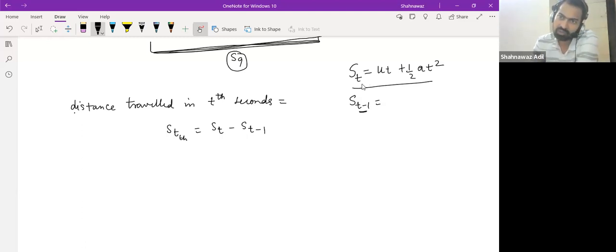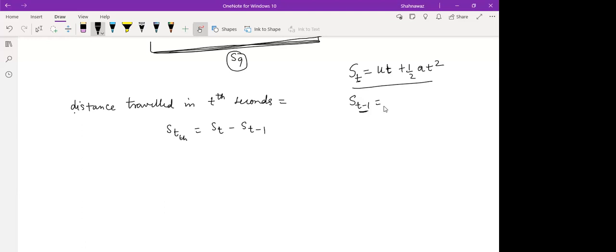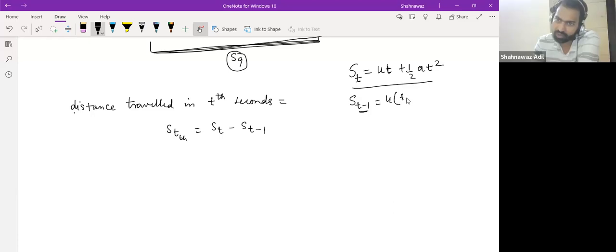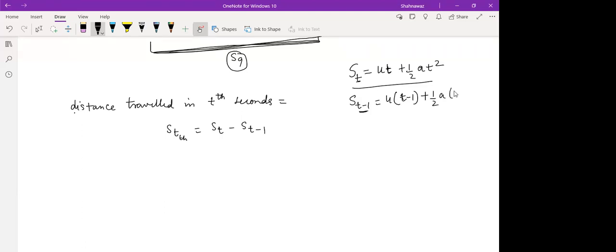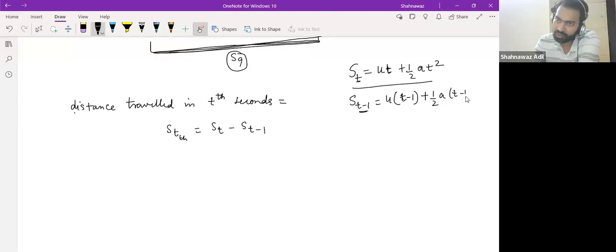Just remember that I have to put t minus 1 in place of t. u(t minus 1), yes, absolutely right, then half a (t minus 1) the whole square. Absolutely correct. Good. So this would be S_(t-1). Is that clear to everyone?